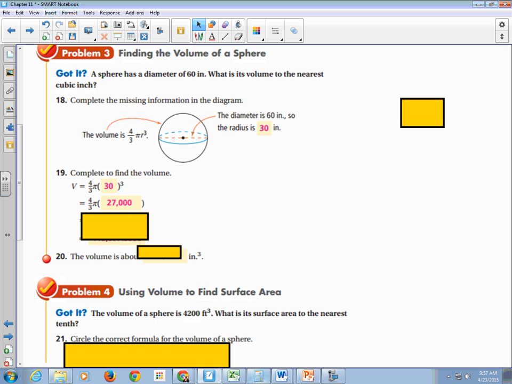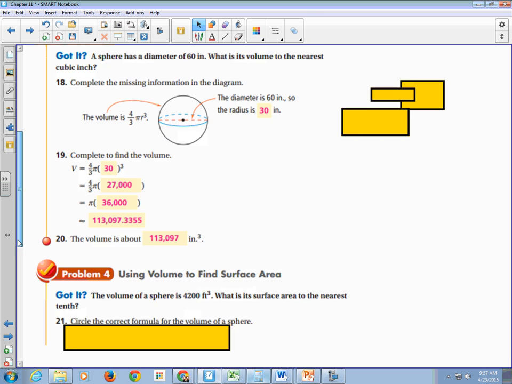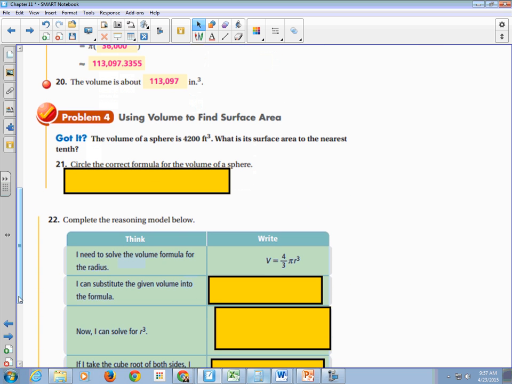So 30 cubed is 27,000. 27,000 times 4 divided by 3 is 36,000. If I multiply the pi into that, I get 113,097.3355. So if I'm rounding to the nearest cubic inch, I get 113,097. The hardest part is the calculator, I promise.